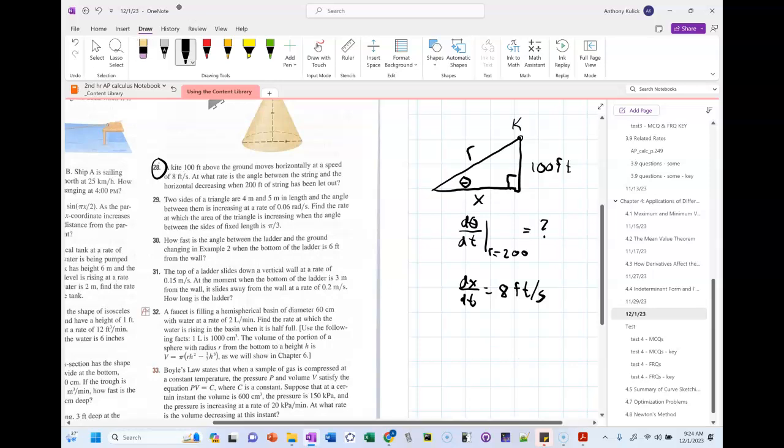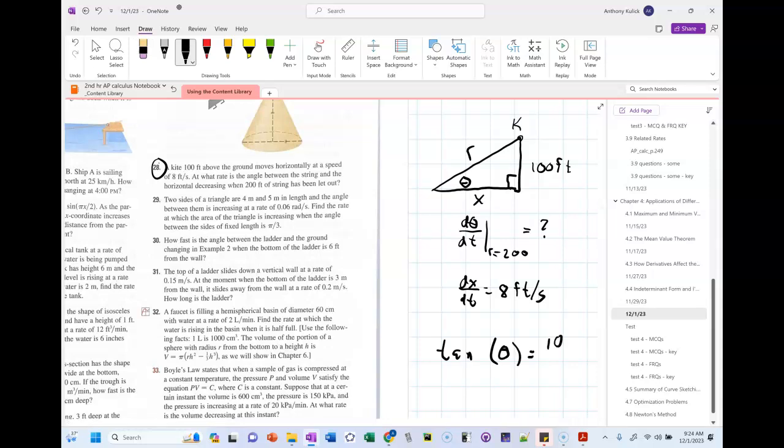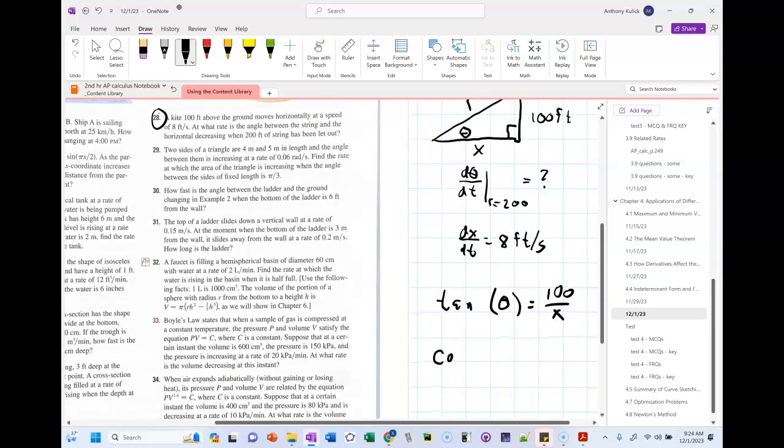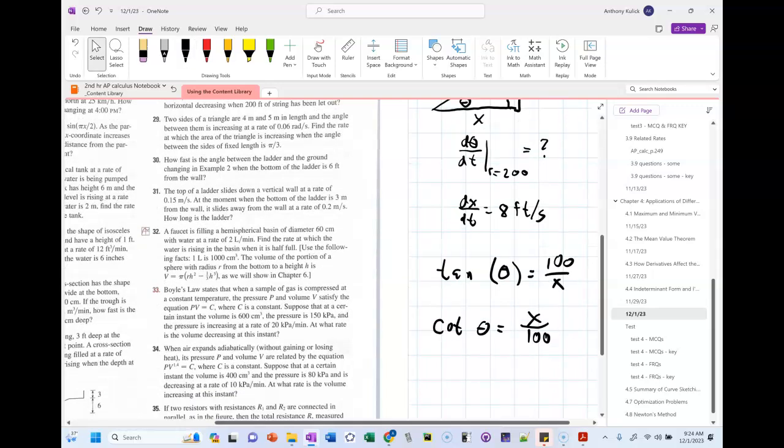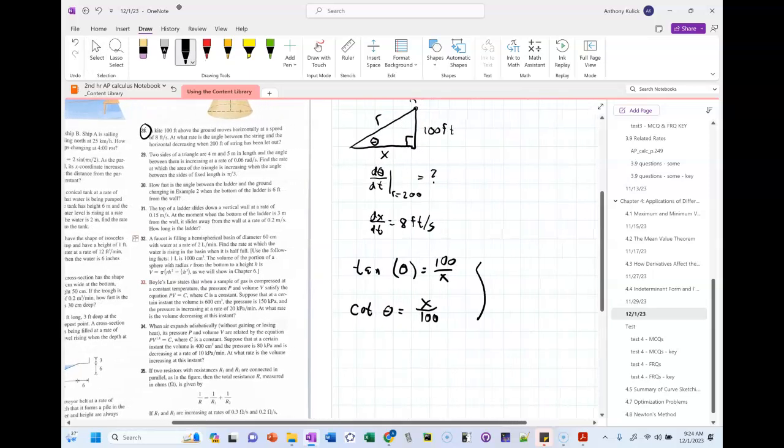Tangent is opposite over adjacent, or cotangent would be adjacent over opposite. Either one should be fine. If you take a look at these, though, the right side looks a little bit more appealing for cotangent than tangent. But you could do either, would be okay.